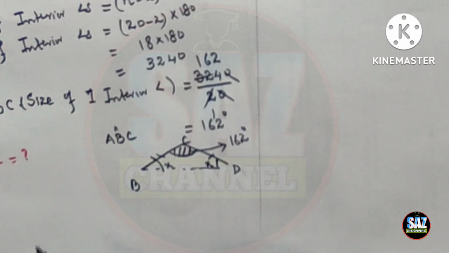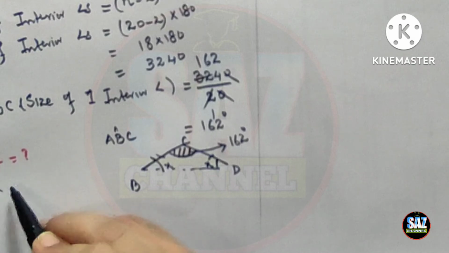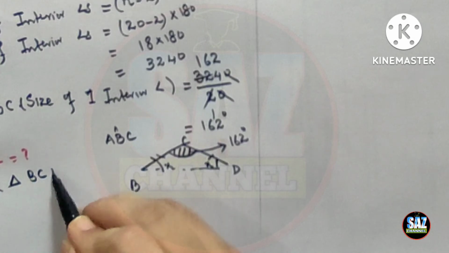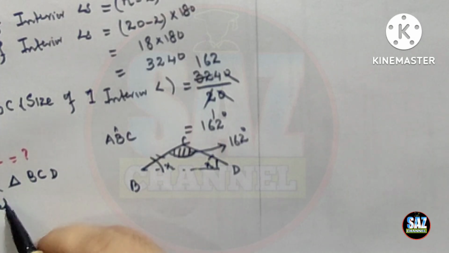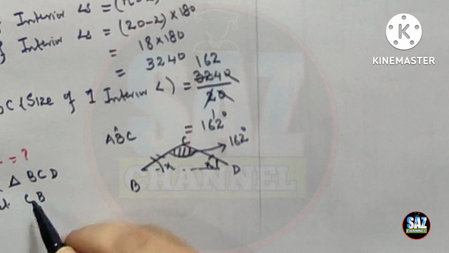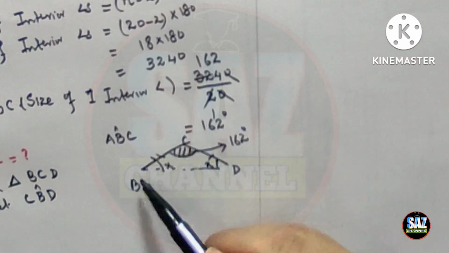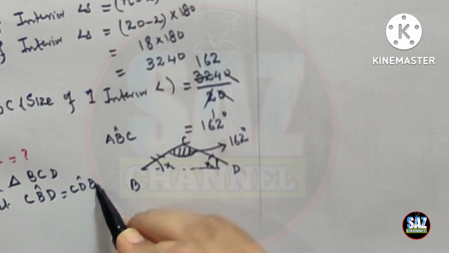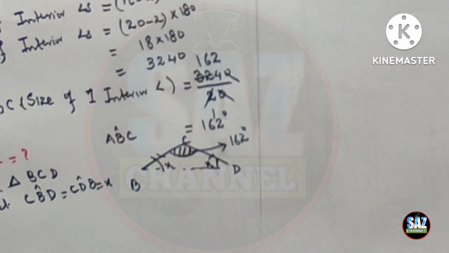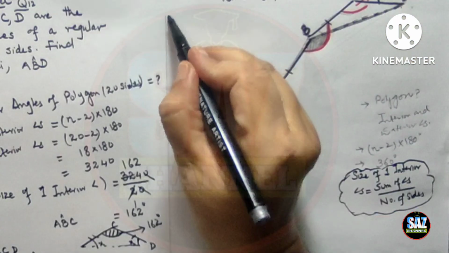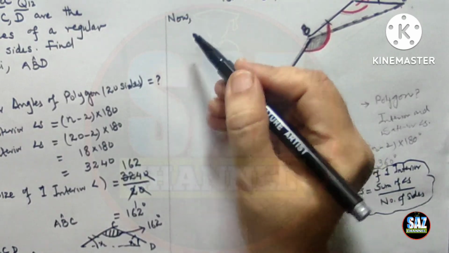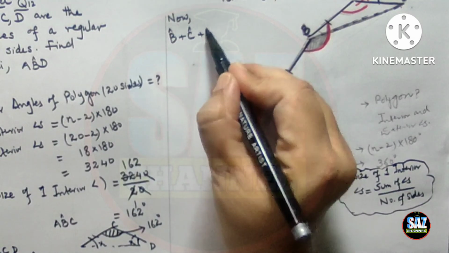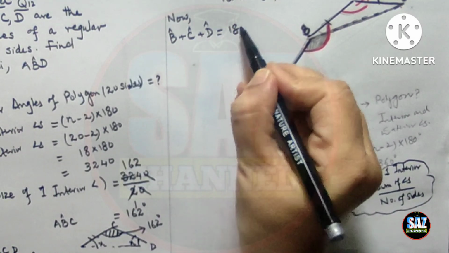So, in triangle BCD, let angle CBD and angle CDB equal x. We know that the sum of the interior angles of a triangle is 180 degrees: angle B plus C plus D equals 180 degrees.